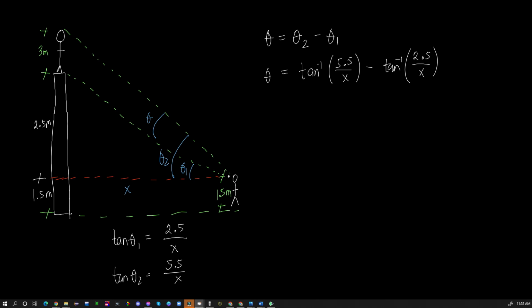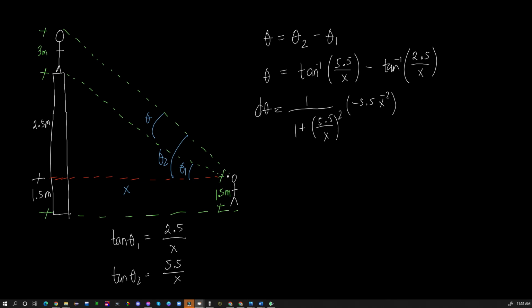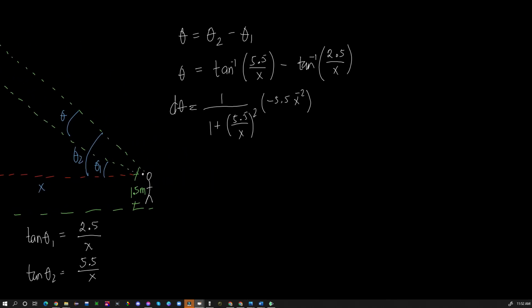Next, derivative. Derive na to. D theta is equal to 1 over 1 plus 5.5 over x squared, times negative 5.5 x to the power of negative 2, minus 1 over 1 plus 2.5 over x squared, times negative 2.5 x to the power of negative 2.